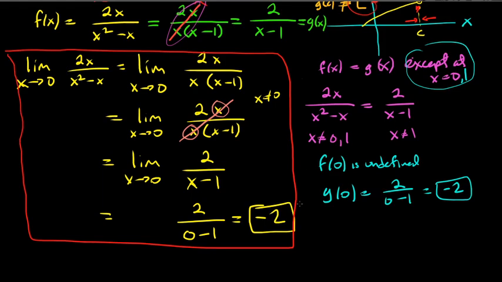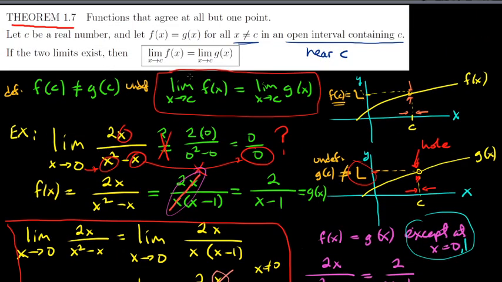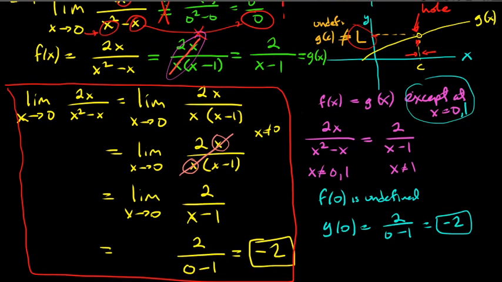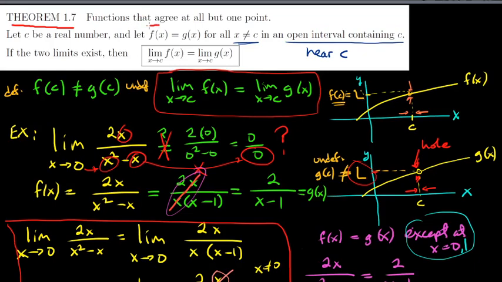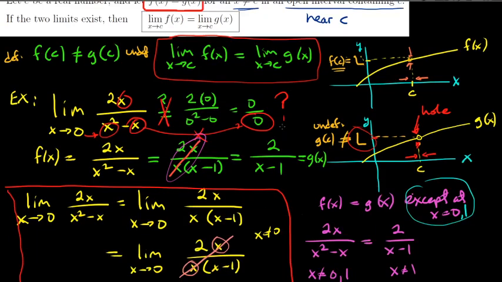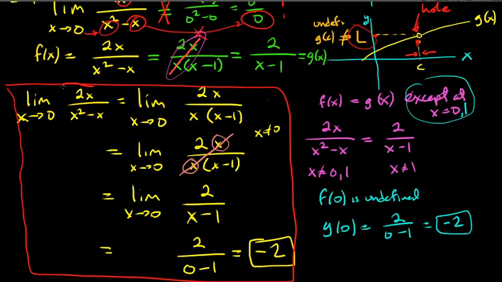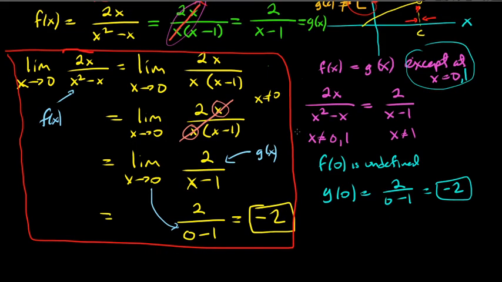This theorem essentially allows us to do that: these two functions, f and g, have to be equal everywhere except possibly at c, and here our c was 0. So make a note that this was my f of x, and after you simplify it, you get your g of x, and then you can evaluate that limit directly. In other words, just plug in the 0 here.